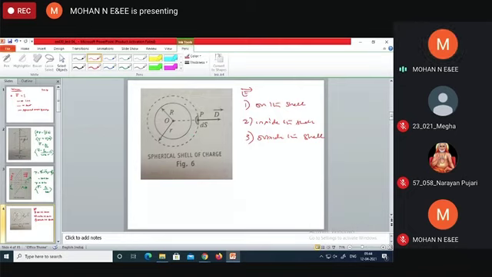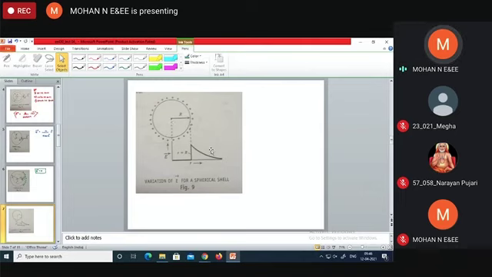Okay, so until r is equal to R, you will be having the field as 0, because you'll not be having any field where the distance is lesser than the radius of the shell.